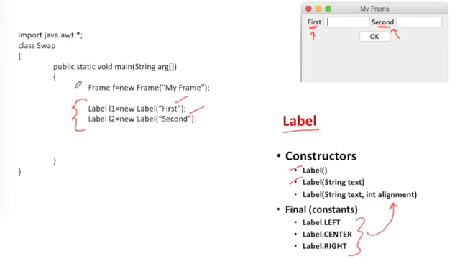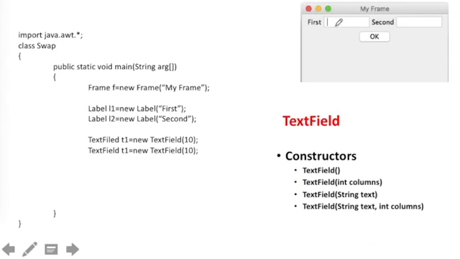So now I have three things, a frame and two labels. Next, I want two text fields where I can type text. TextField is an AWT class and it has four constructors. One is empty, with no parameter. The second takes columns, which is nothing but the size, the length of the text field.